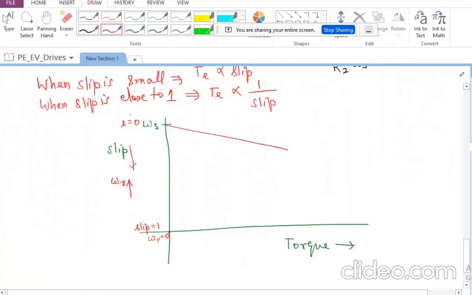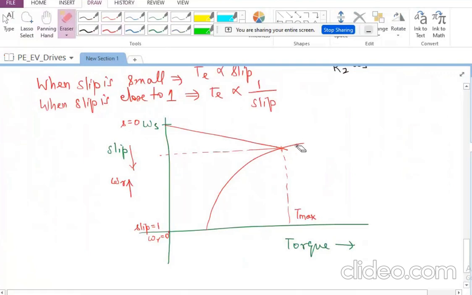And when slip is close to 1, we are going to have some kind of hyperbola. When we have the intersection of these two, this is the point where we are going to have maximum torque. This is the maximum torque that the induction motor can deliver.